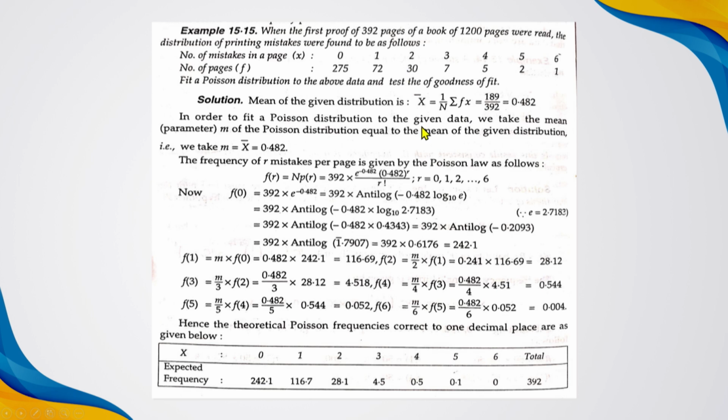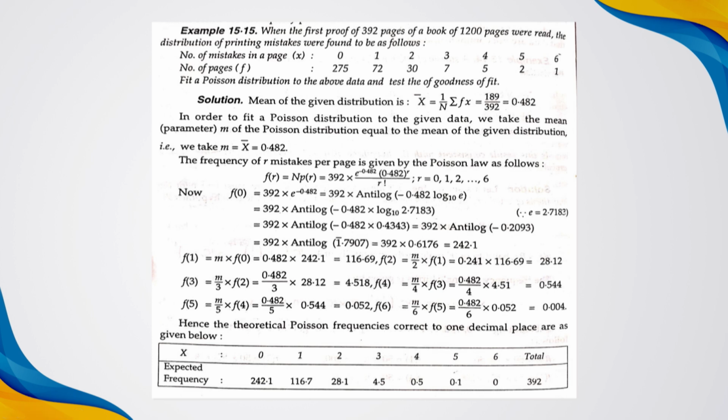First, by default, you calculate the mean x bar, that is, the sum of all the values divided by the total frequency, which gives the value 0.482. Then to fit your Poisson distribution, you move with your mean x bar. As already mentioned, the mean, variance and parameter are all the same, that is 0.482.